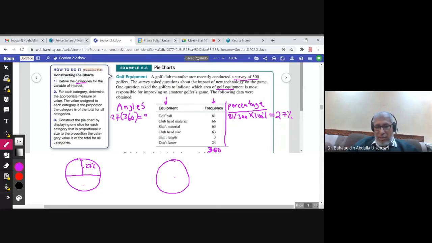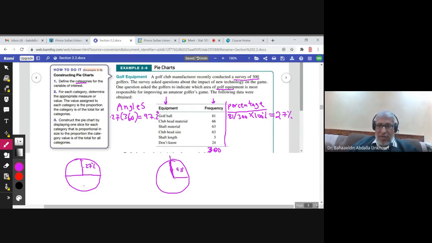So 97.2 degrees. If this is 90, then 97 would be very close to it, maybe up to here, okay? This is 97, for example. And then you start from here, from 97. This is the first part for golf balls.